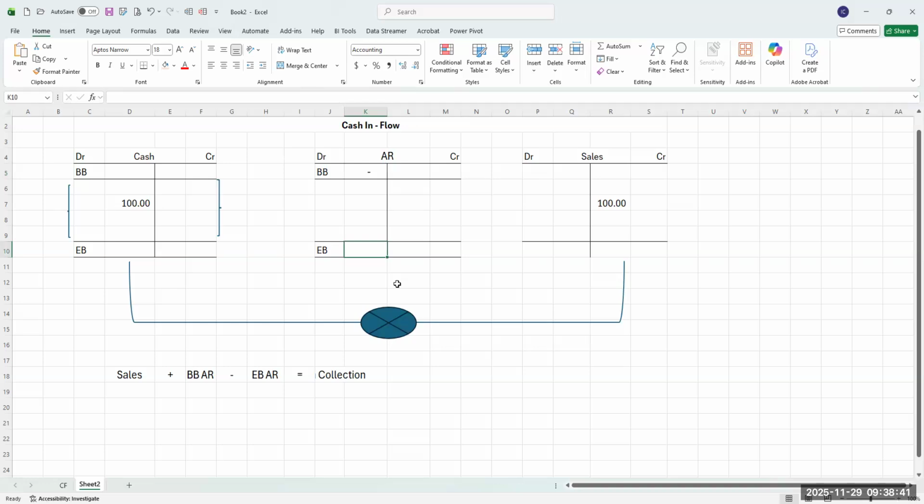Now the ending balance is equal to the beginning balance plus the debits minus credits, and it's going to give you the ending balance. Now, if my beginning balance is 0 and ending balance is 0, and my sales are $100, how much cash did I collect?